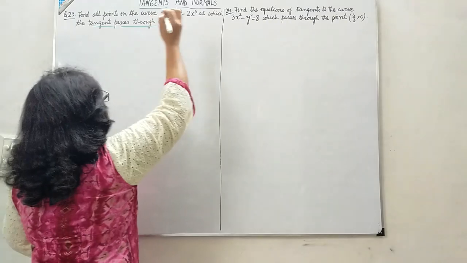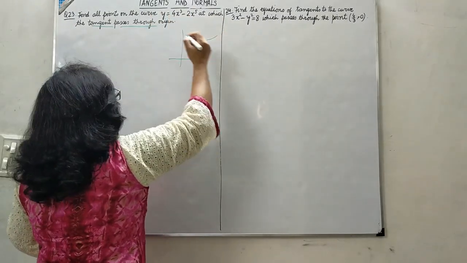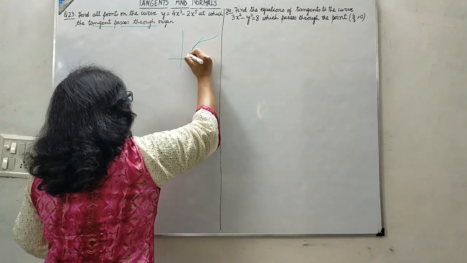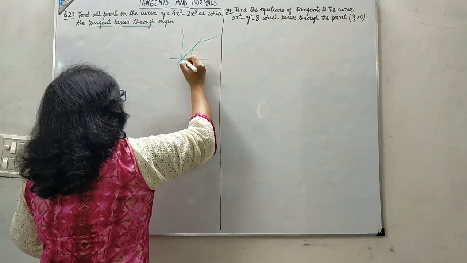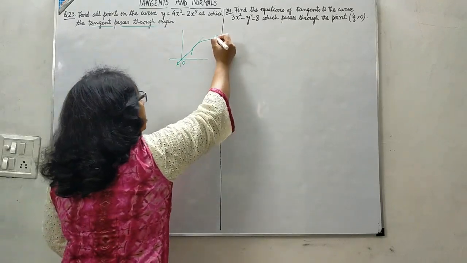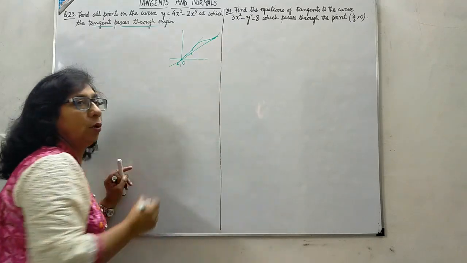But in this case, we have some curve and the tangent, if I draw the tangent like this, passes through origin. We are given this, or somewhere here also, it may be like this. It is passing through origin.